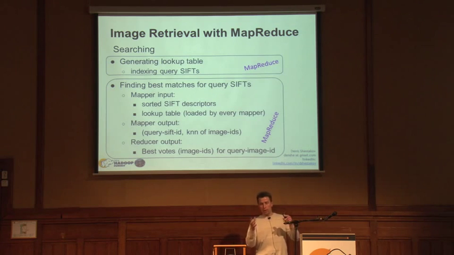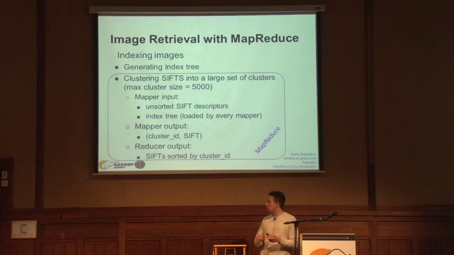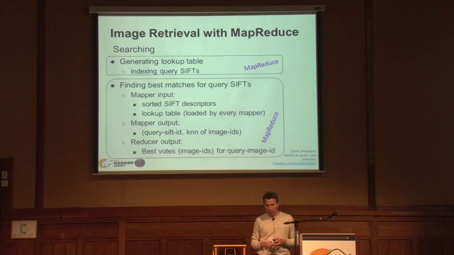They are also converted to SIFT representations, and then we do essentially the clustering, or indexing, of these query SIFT descriptors. So we do pretty much this first thing, the first MapReduce job, right?